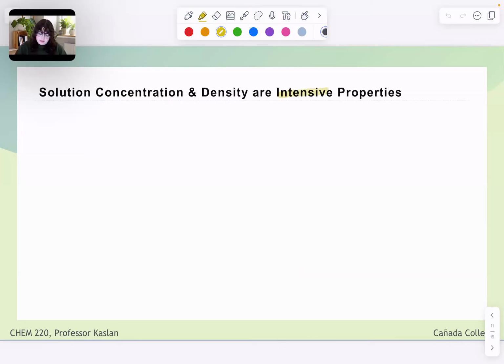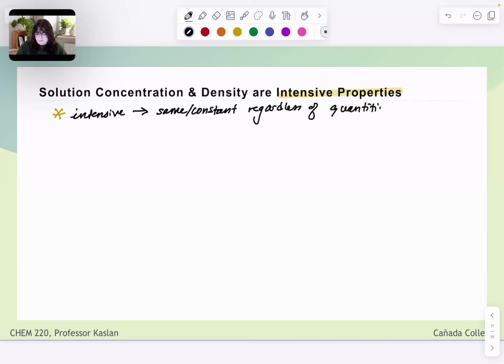Because in our discussion of molarity and density, we reminded ourselves that both of these properties of solutions are intensive properties. So a reminder as to what that means. An intensive property means it is the same or constant regardless of the quantity of the substance.